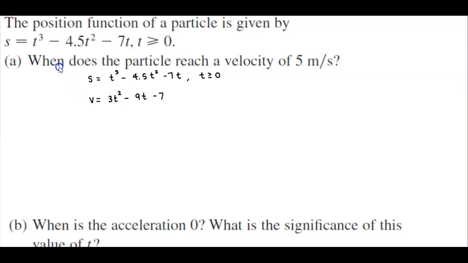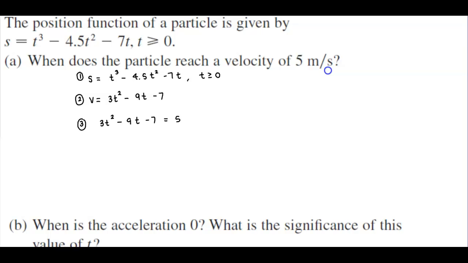Okay, so now it's telling us when does the particle reach a velocity of 5 meters per second. That means we want to set the velocity function, which is 3t squared minus 9t minus 7, equal to 5.